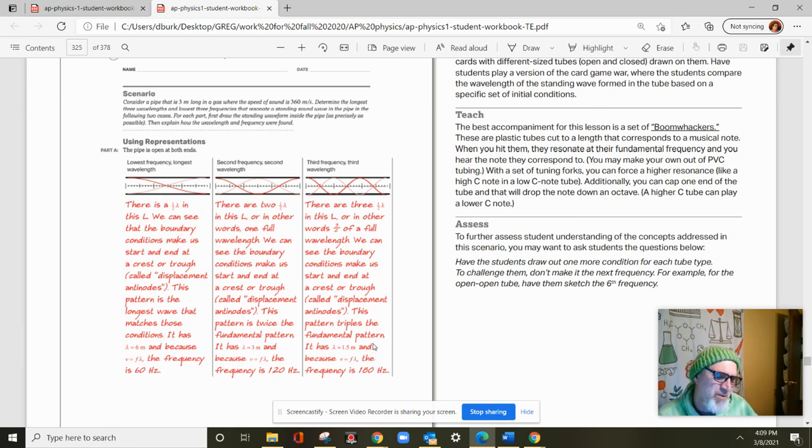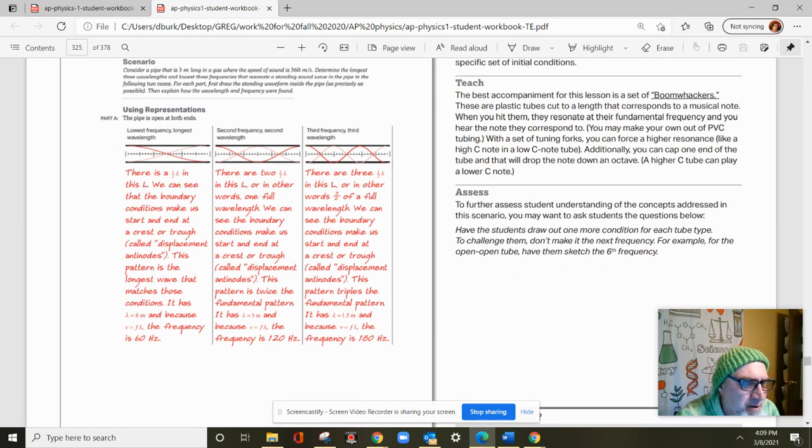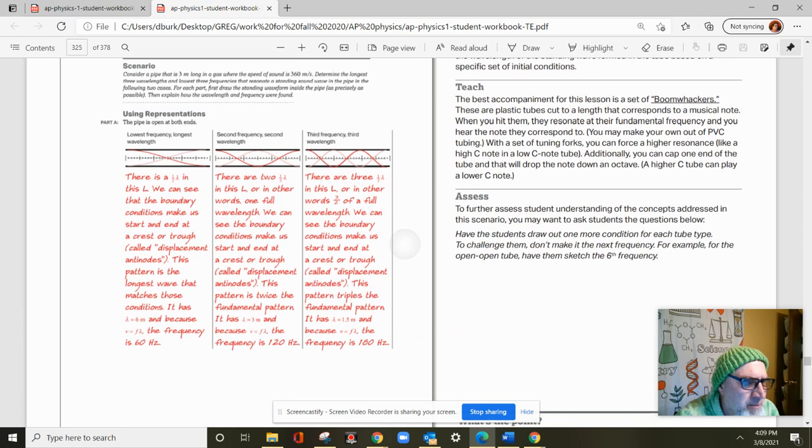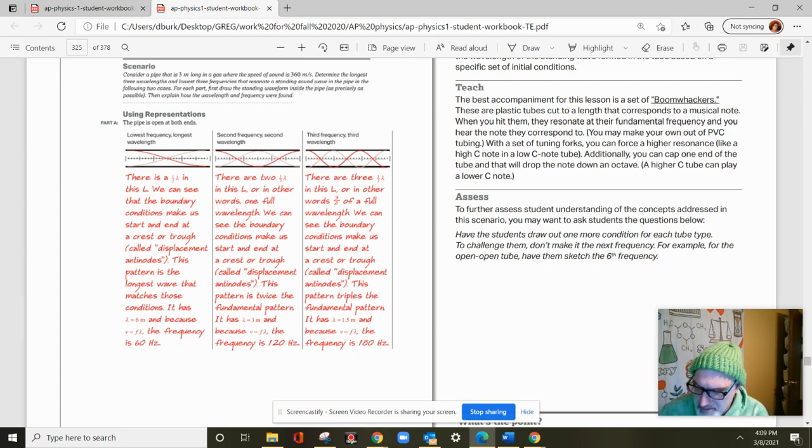So 360 divided by 1/2 is 180, huh? I don't think so. I think their logic is following, and then I don't think they did the math right at the end. Maybe they did.